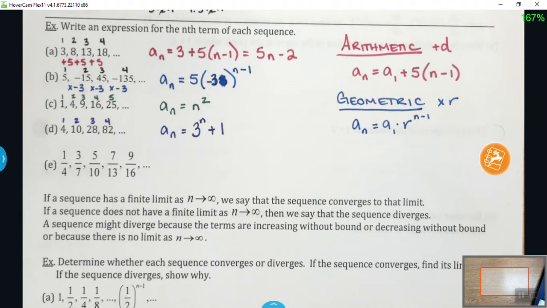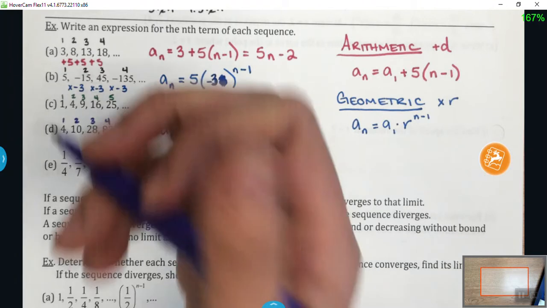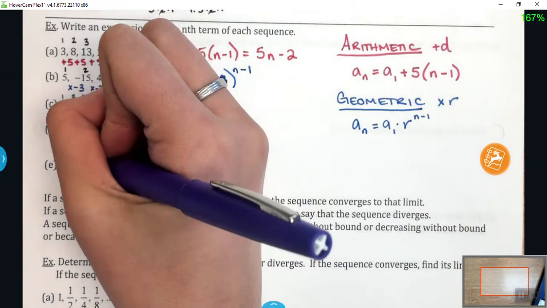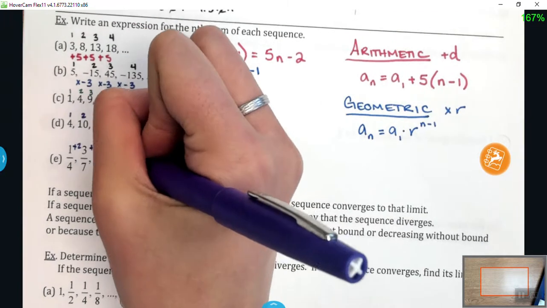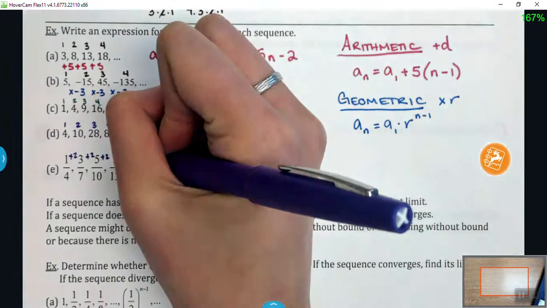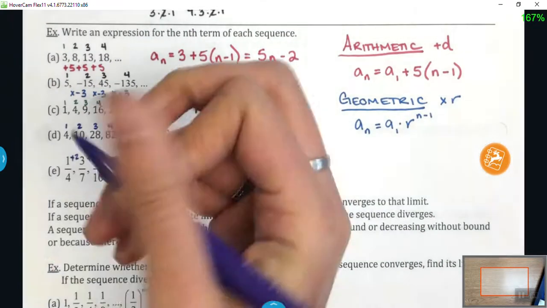Okay. What do you think about the bottom one? The top goes up by 2 and the bottom goes up by 3.